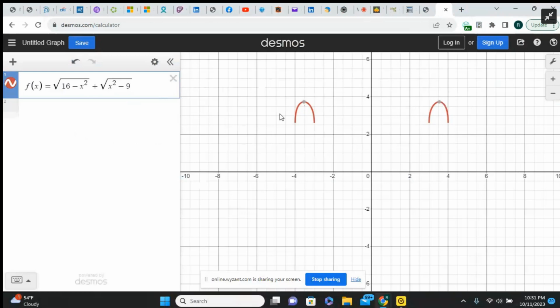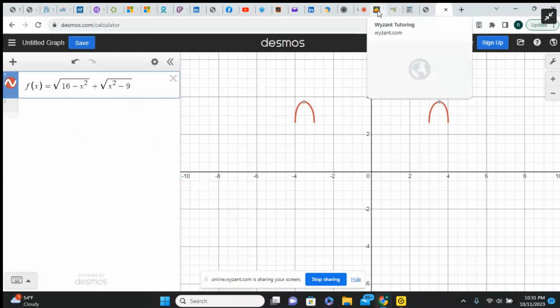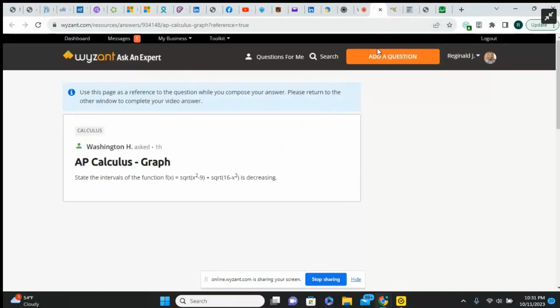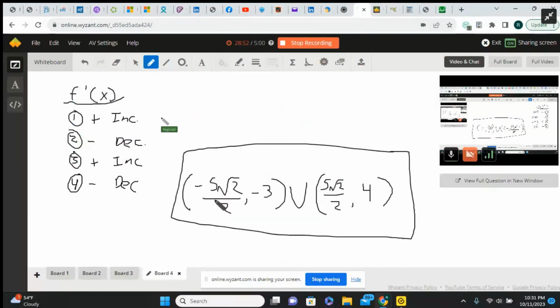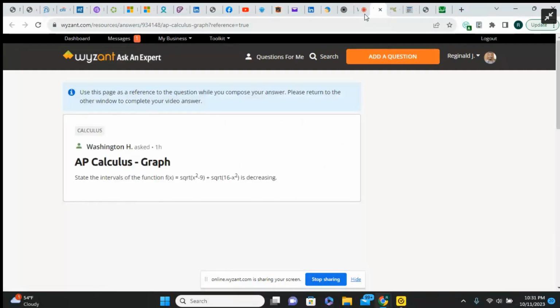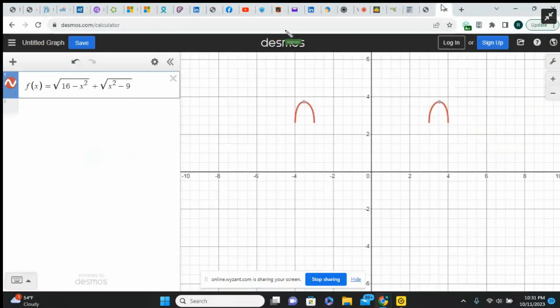Same thing here, so they're symmetrical. This is an even function. So it's decreasing from here to here: negative 5 square root of 2 over 2 comma negative 3. And it's decreasing 5 square root of 2 over 2 to 4.